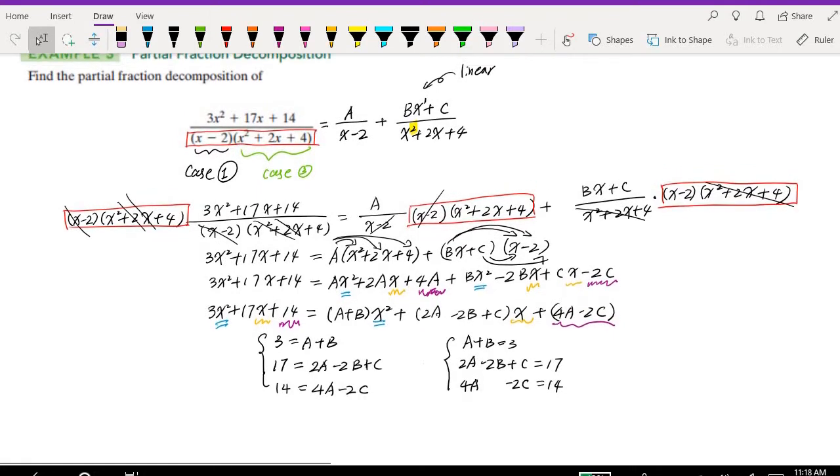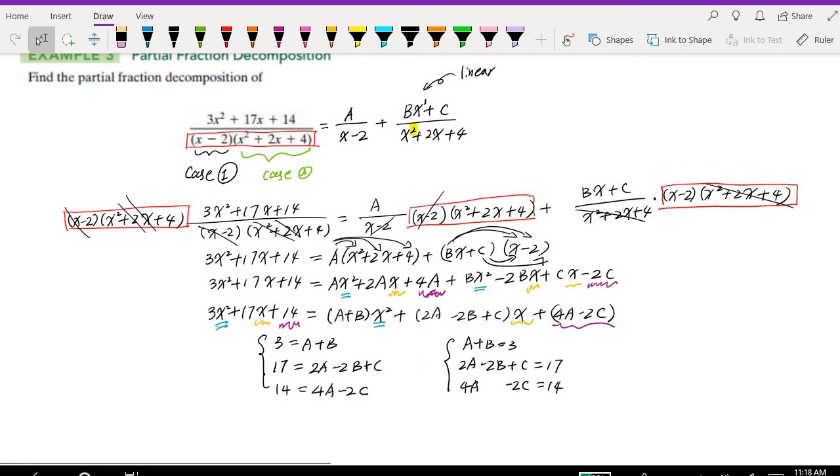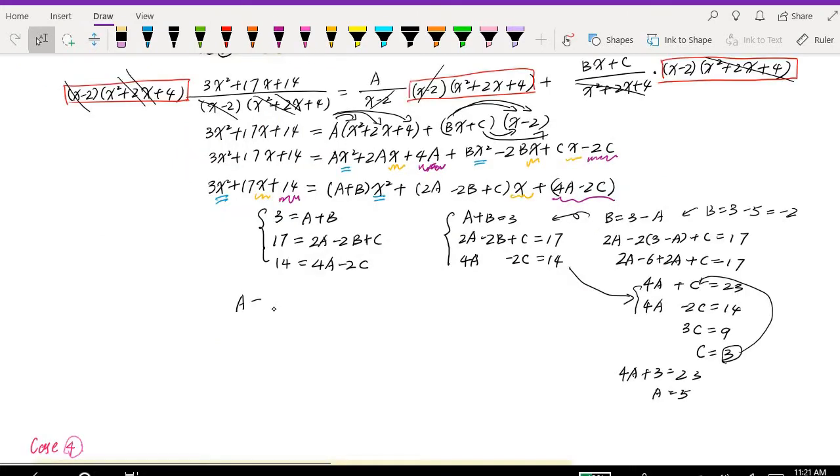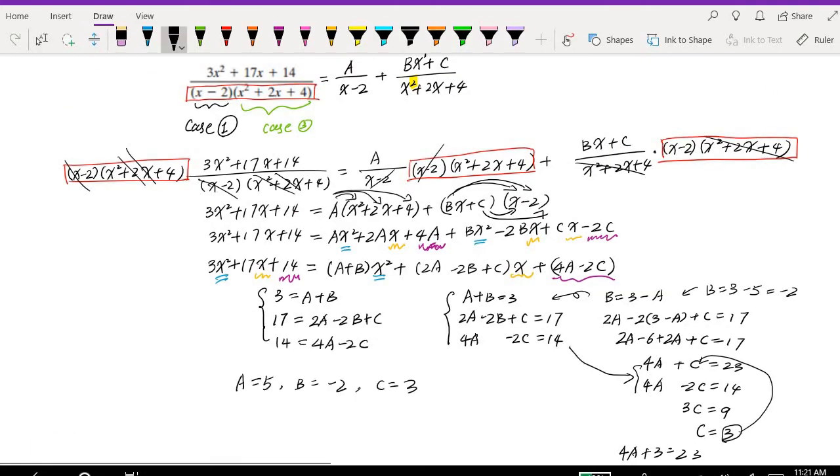Okay, you can use substitution method, you can use addition method, or you can just use matrix to solve this. That's fine too. So our a is equal to 5, and then b is equal to -2, and c equal to 3. So our final solution is, we're just going to bring this a, b, c back here.